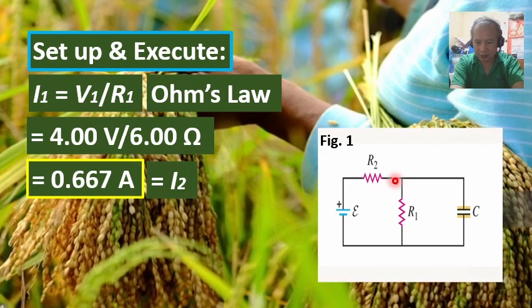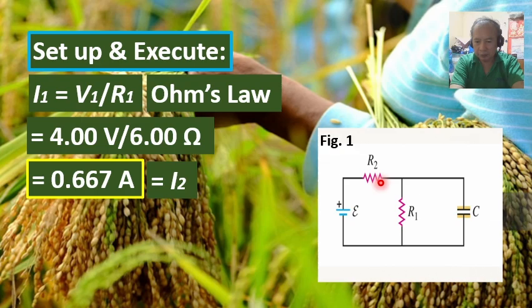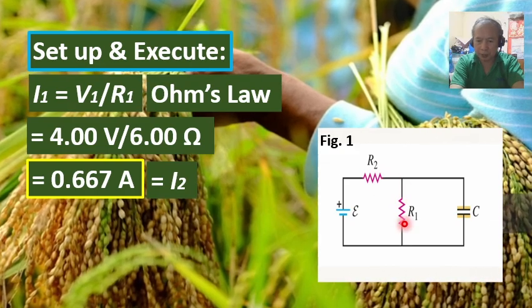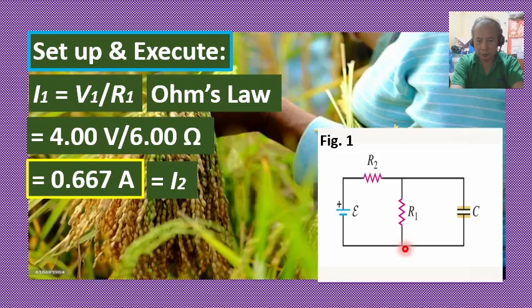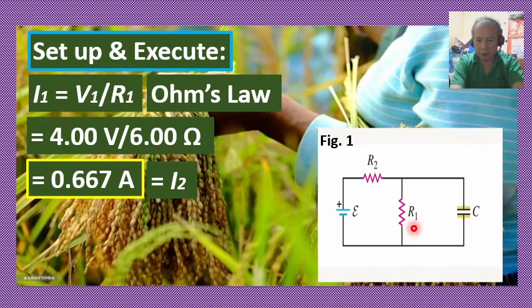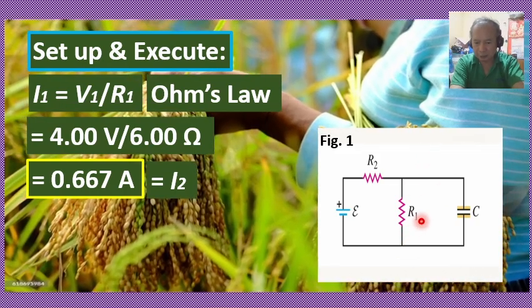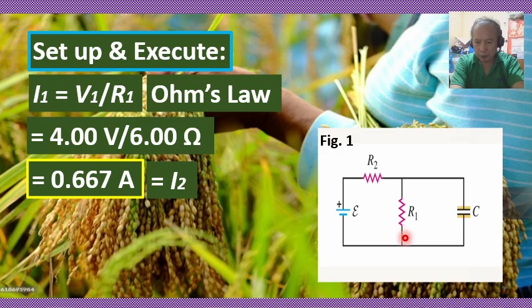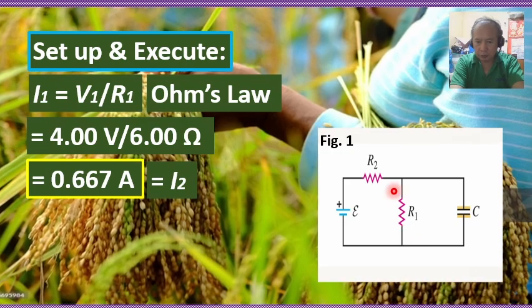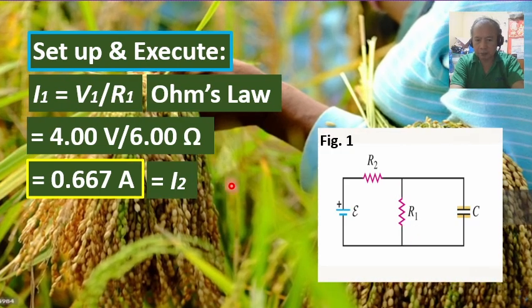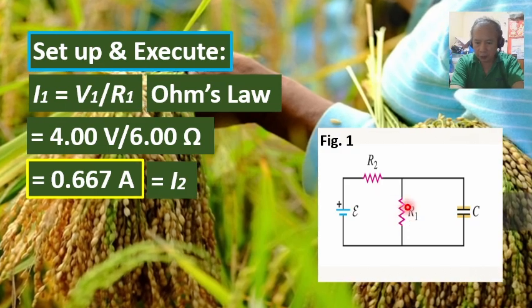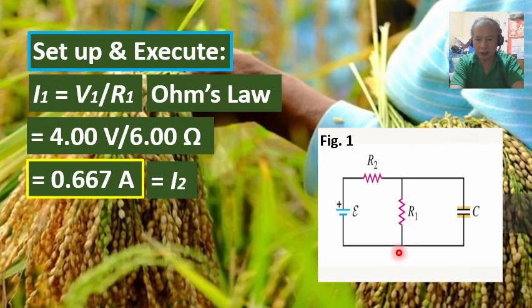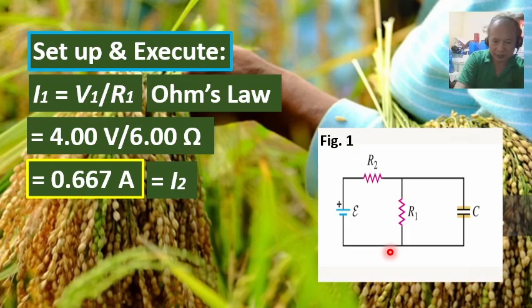Instead, the current continues to move and passes through the resistor R1. Does that make sense? So it is as if the two resistors R1 and R2 are now connected in series.